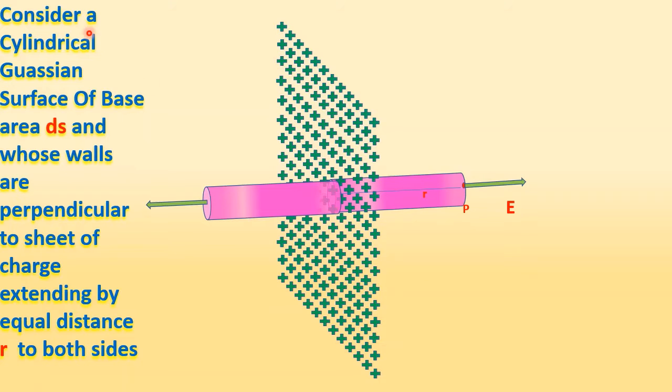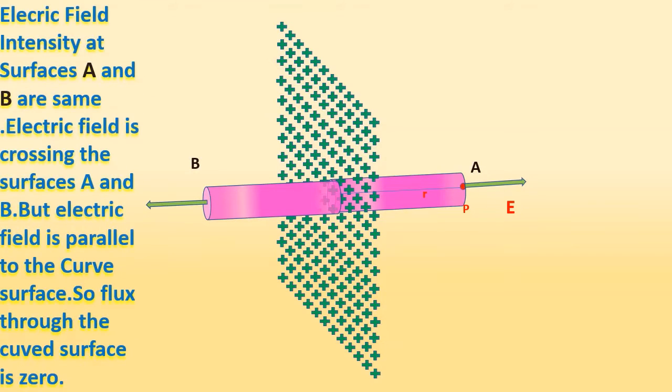So, here the electric field intensity at the base surfaces A and B is the same, since they are at equal distance from the plane sheet of charge.